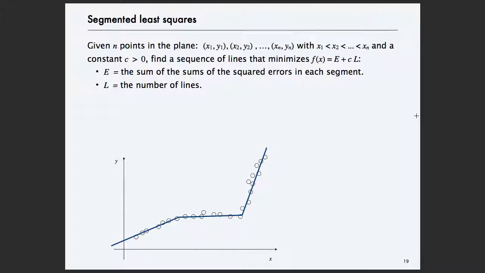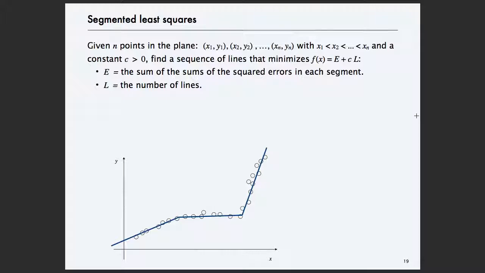My optimization function is E, the sum of the squared errors in each segment, plus a constant for the number of lines. In fact, it doesn't even need to be constant. It could be any other function. Maybe I do the square of the lines because I don't want too many lines, but a few is okay, or something like that. Some weighted average of those two things.